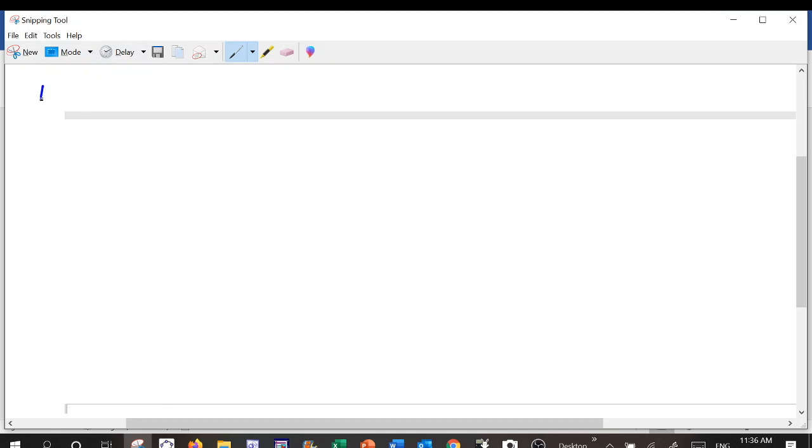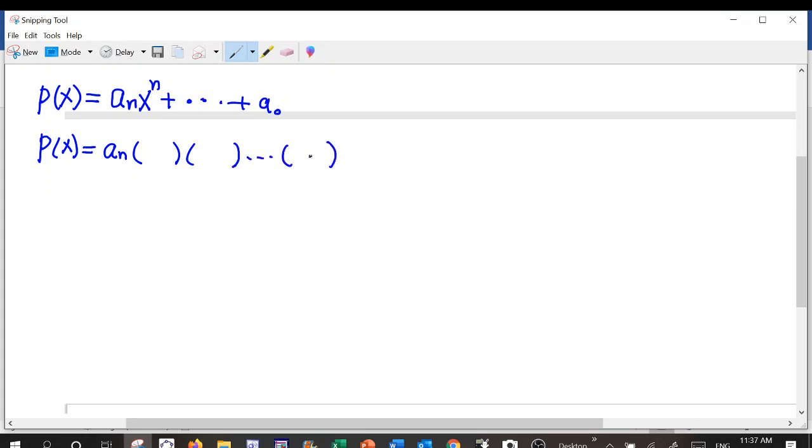Now, we know that polynomials are given in two different forms. We can write them in this form, or we can write them in this form, which is the factored form. So every polynomial can be factored into a sub n and then a bunch of linear factors.